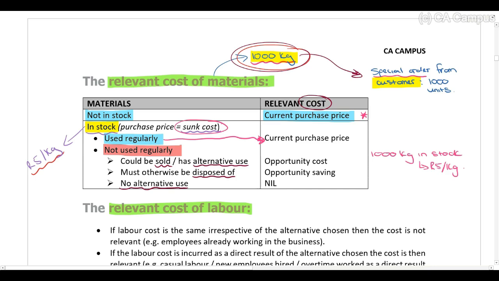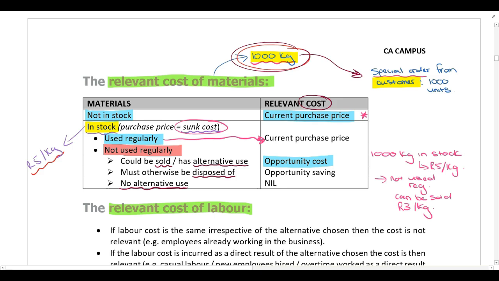I tell you that it's not used regularly in the production process, but I tell you it can be sold for 3 Rand a kilogram. Guys, you now have an opportunity cost. Why do I have an opportunity cost?